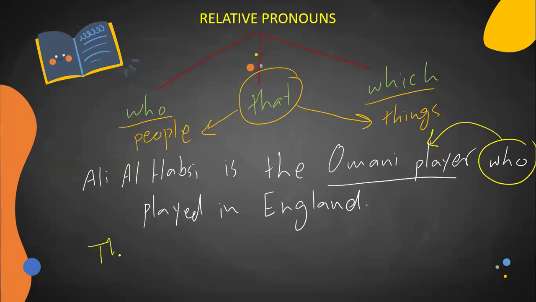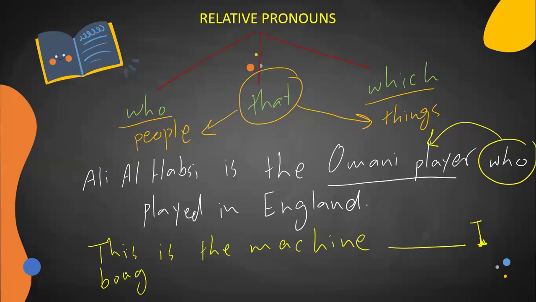Okay? Here is another example. This is the machine, and here we have a space. This is the machine I bought yesterday.